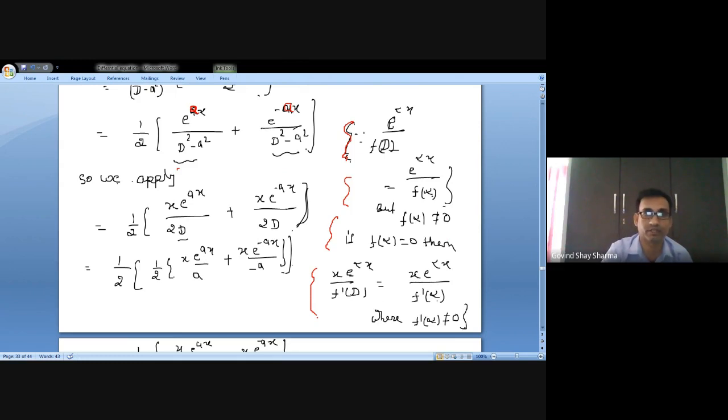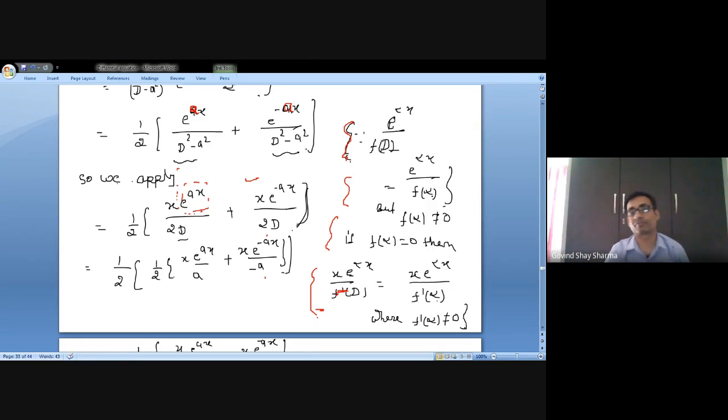So we get here x upon 2D e to the power ax, or here x upon 2D dA. Now 1 upon D is the integration of e to the power ax. Here students remember that we only do the differentiation and integration of e to the power ax, not x.